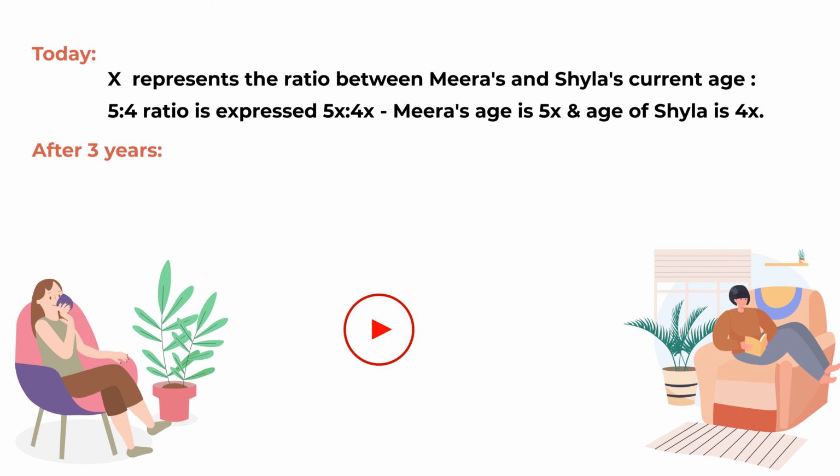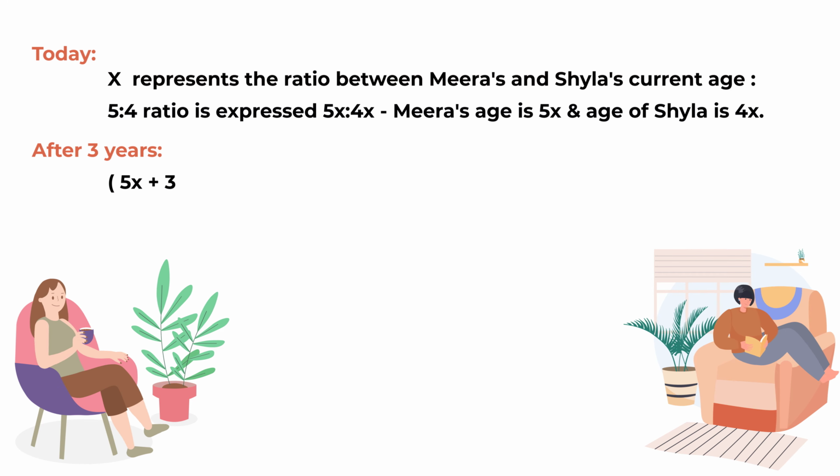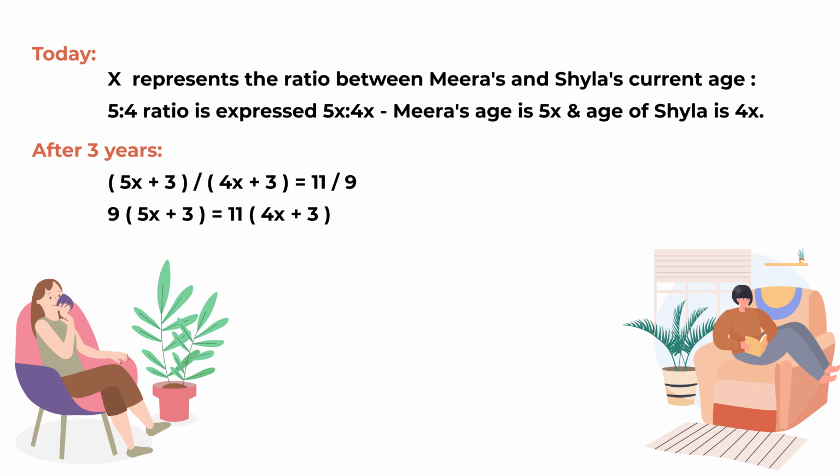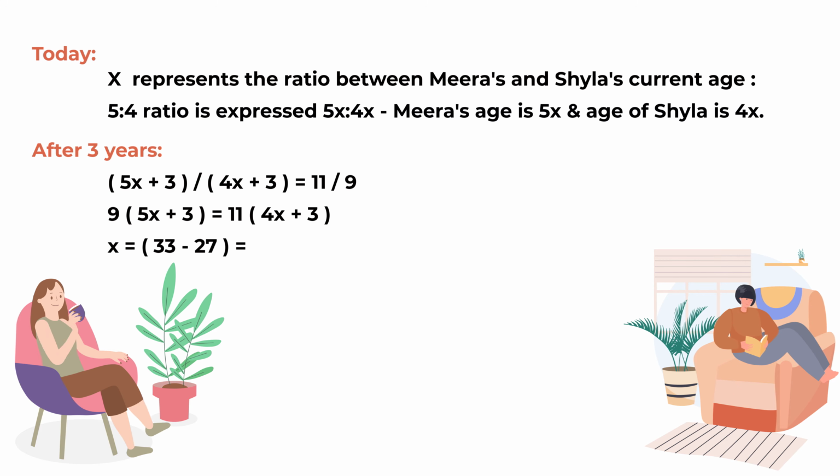In this equation, we will have (5x plus 3) divided by (4x plus 3), which would be equal to 11/9. After simplification, we will have 9 multiplied by (5x plus 3) equal to 11 multiplied by (4x plus 3), which means that x will be equal to 33 minus 27, which is 6.